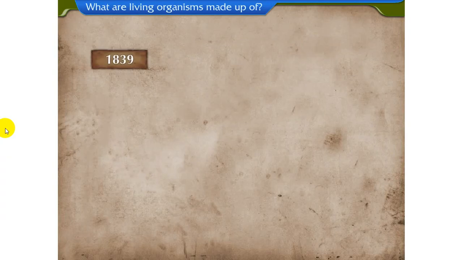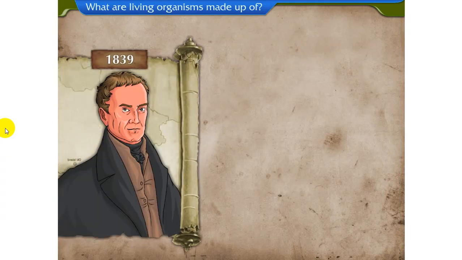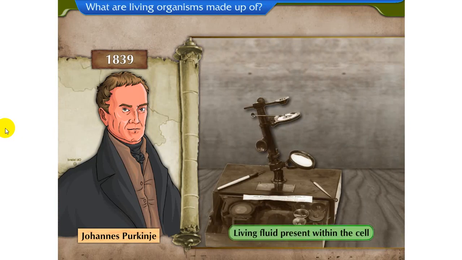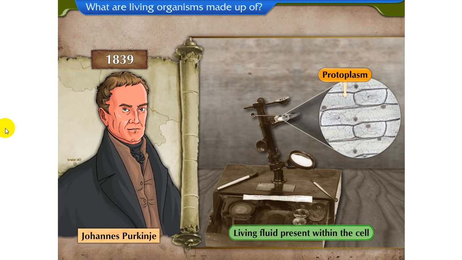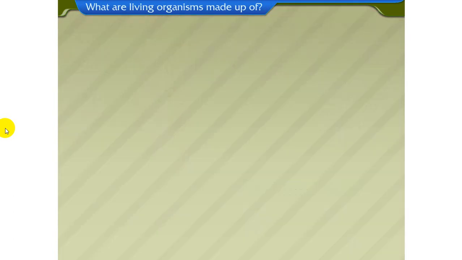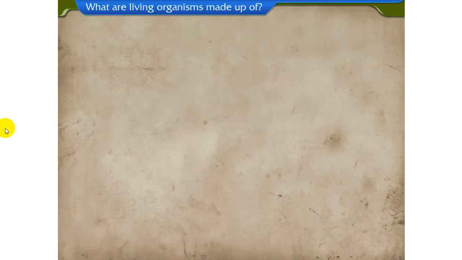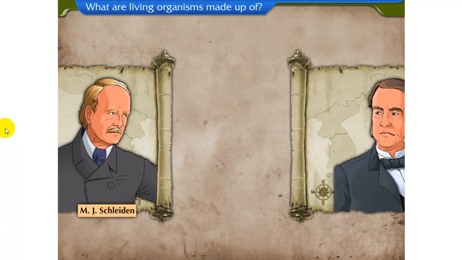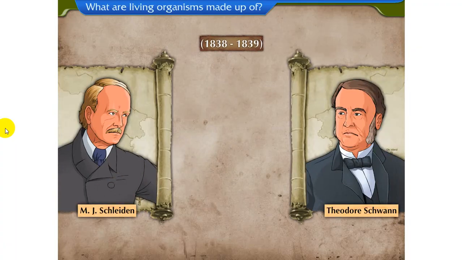In 1839, a Czech animal physiologist, Johannes Purkinje, named the living fluid present within the cell as protoplasm. Proto means first and plasm means colloid. M. J. Schleiden and Theodore Schwann, 1838 to 39, proposed the cell theory.